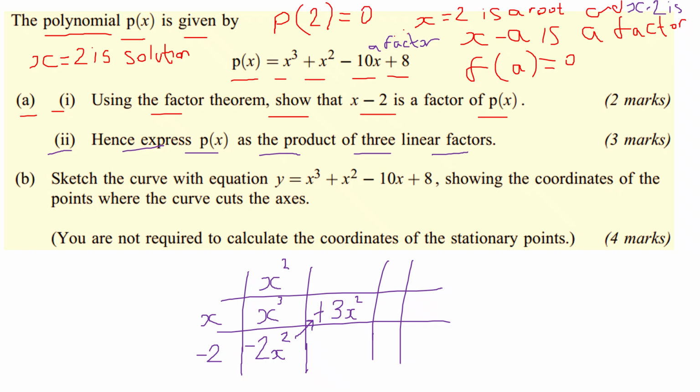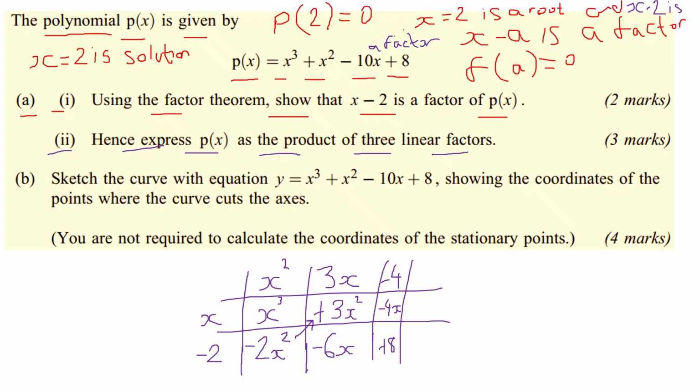X is into 3x squared, go 3x times. And the 3x times minus 2 is minus 6x. But again, we want minus 10x. So to make it minus 10x, I have to put a minus 4 here, because when you combine minus 6x and minus 4x, you get minus 10x. X is into minus 4x, go minus 4 times, and minus 4 times minus 2 is positive 8, which is what we want there.